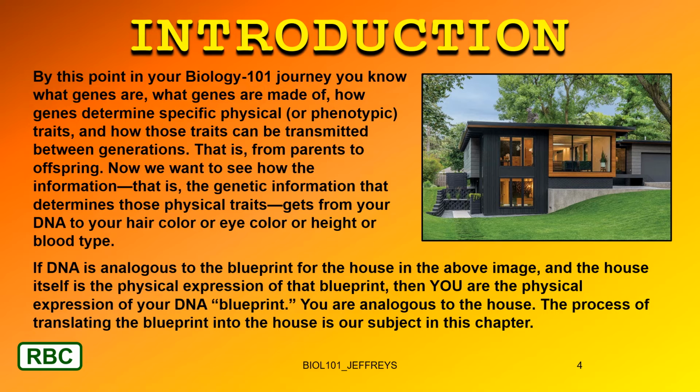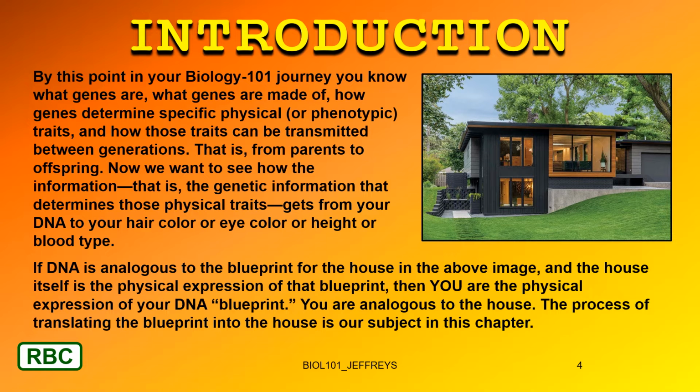So at this point in your Biology 101 journey, you know what genes are, you know what they're made of, you know how genes determine specific physical, remember that's phenotypic, characteristics, and how those traits can be transmitted between generations. So now we want to see how the genetic information that determines your physical traits, how the genotype gets to the phenotype.